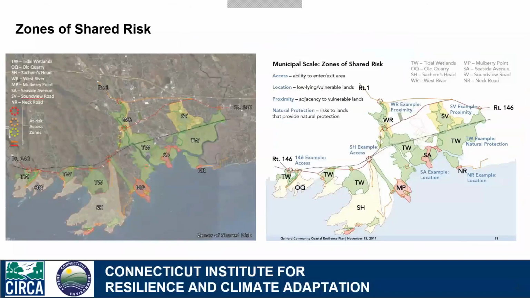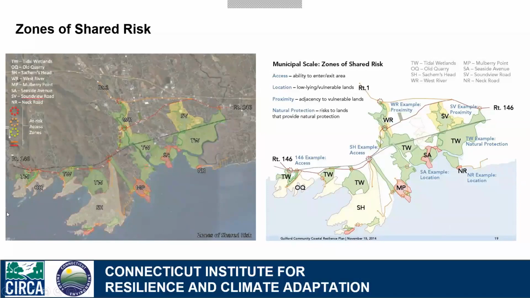And if you zoom in and think about or define subpopulations that share similar issues, you can start to create opportunities for thinking about planning and for funding mechanisms that can support specific targeted subpopulations that share similar risks. So zones of shared risks as a concept looks at geography, future flood risk, existing infrastructure, housing investment and egress routes, and identifies areas that share similar issues.